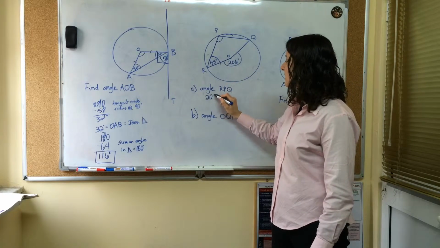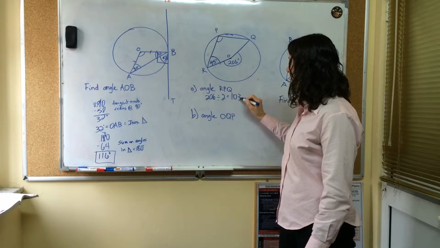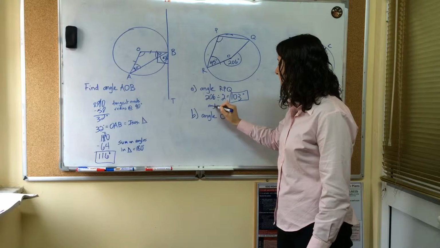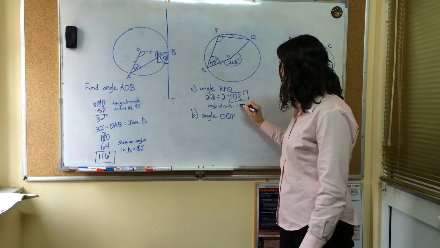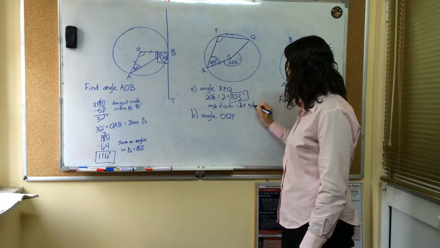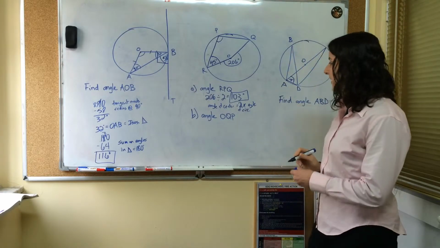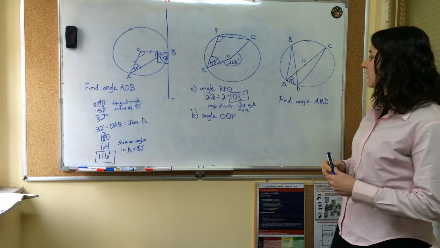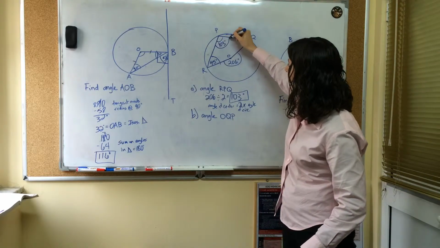So we can do 206 divided by 2, and we get 103 degrees because angle at center equals 2 times angle at circumference. I abbreviated what I wrote there, but we've given the explanation. Okay, so we know that this is 103 degrees there.